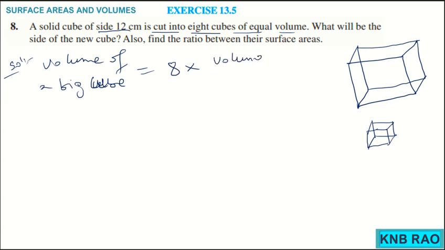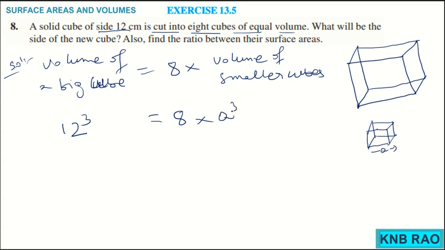So 8 times the volume of smaller cubes will be equal to the volume of the bigger cube. That means here 12 cube is equal to 8 into, let us assume that the small cube has a as the edge, so a cube.